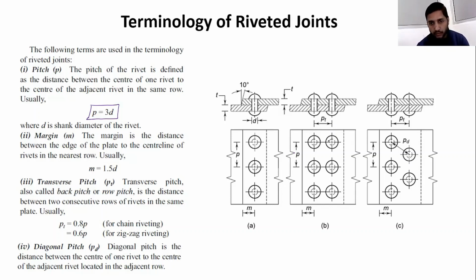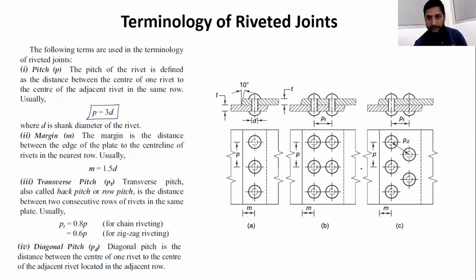Now this figure shows your transverse pitch. So the center distance of both rows is called the transverse pitch. Now the value of the transverse pitch for chain riveting is 0.8 p, and for zigzag it is 0.6 p.